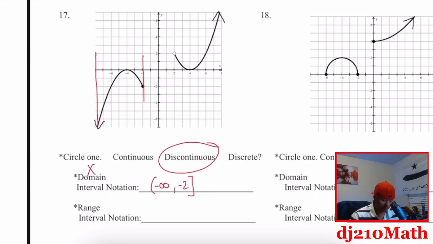We're going to union this with the other piece. So the most left of the other piece, positive 2, in parentheses. All the way up to arrow. So that implies positive infinity. So negative infinity to negative 2, and then union, positive 2 to infinity.